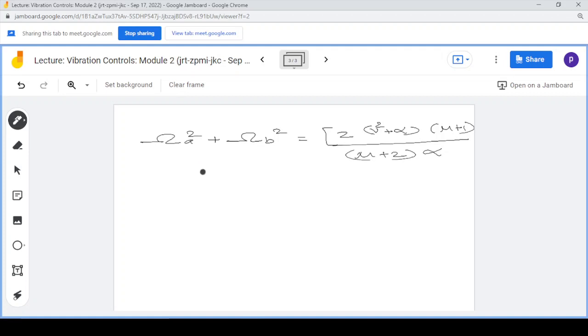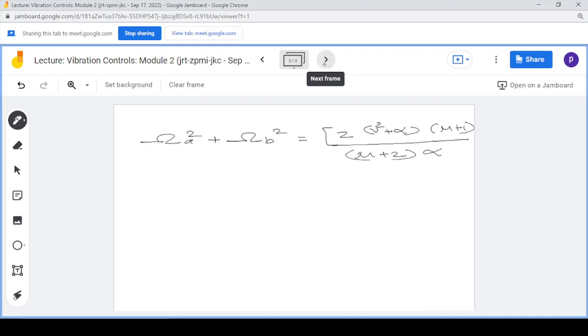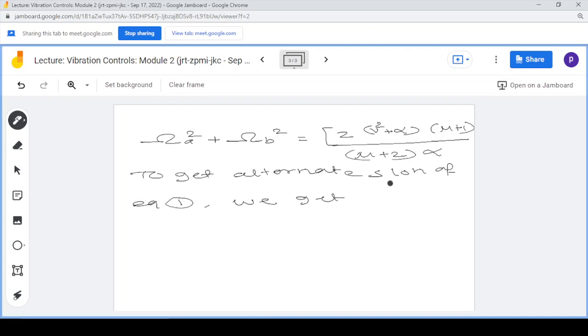And we can also have the alternate solution. To get the alternate solution of the earlier expression, that is for this expression 1, we can use the two extreme values.